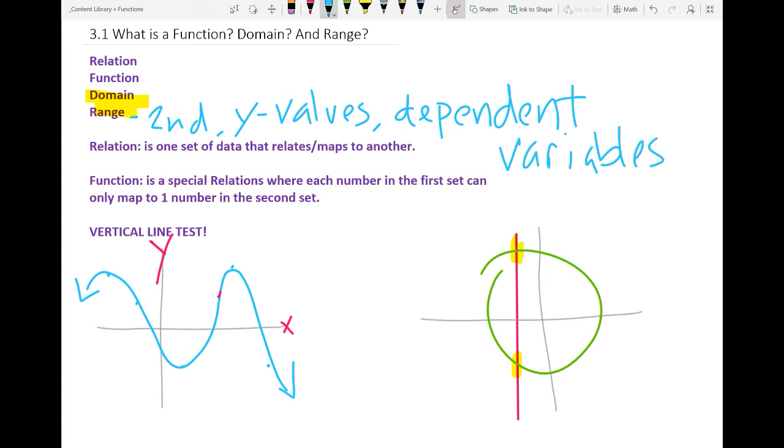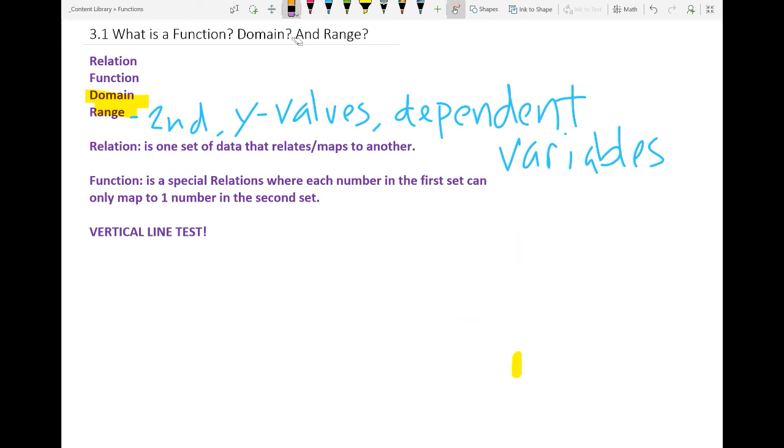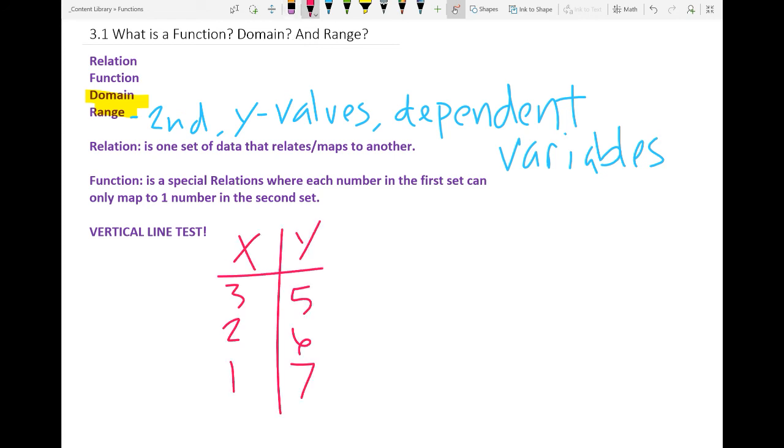So if we were looking at a table of values and I asked you to list me the domain and range, you would say that the domain were the numbers 3, 2, 1, and the range is 5, 6, 7. Simple as that. Domain are always the X's, range is always the Y's.